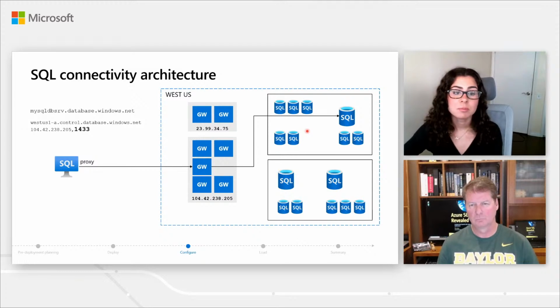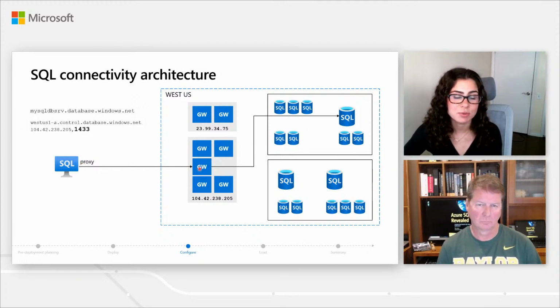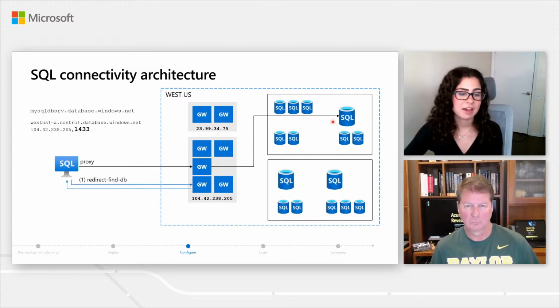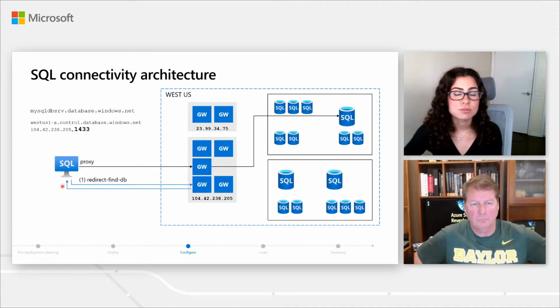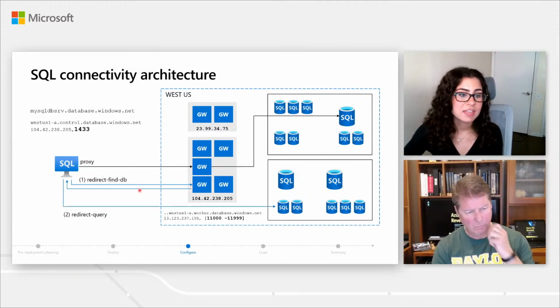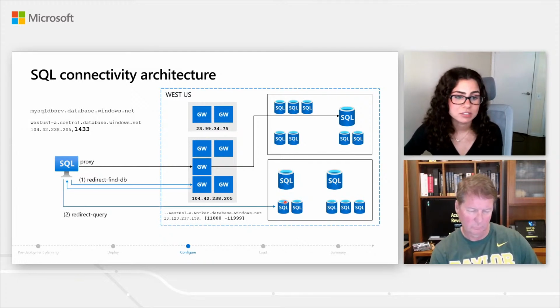One potential downside of this method is that every time you want to connect to the database, you have to go to the gateway first, so you almost have to make an extra hop before you can get to a database. The other option is called redirect, which is a two-step process. First, we go to the gateways and get the connection information for the database, and then we redirect you straight to the database.